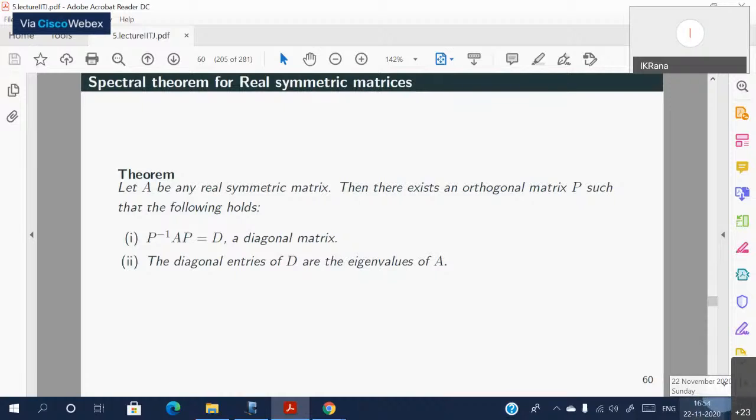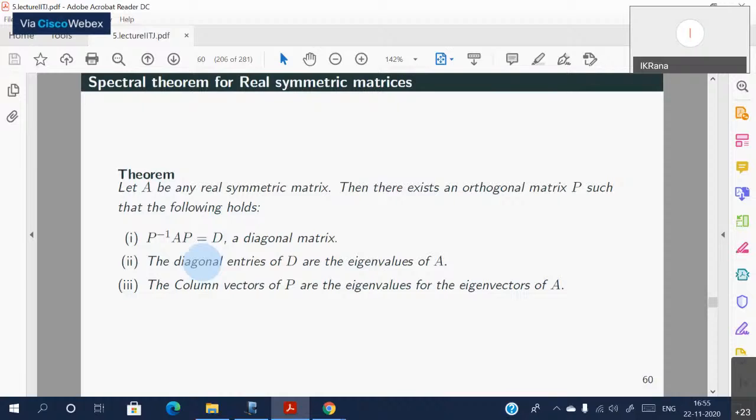The diagonal entries are the eigenvalues. N eigenvalues were there, so the column vectors of P are the corresponding eigenvectors. I'm skipping the proof of this theorem. Actually, the proof is not very difficult, but it is an inductive kind of thing.